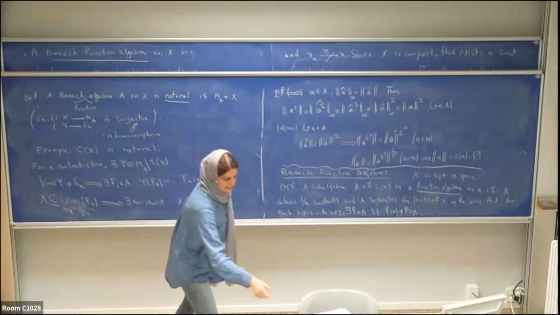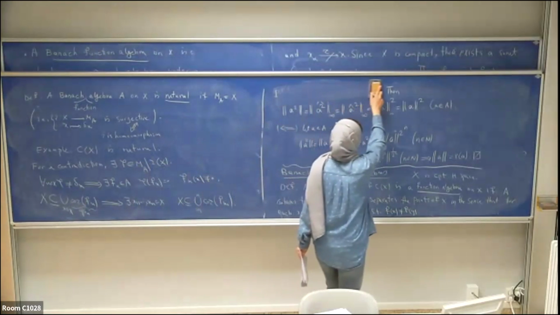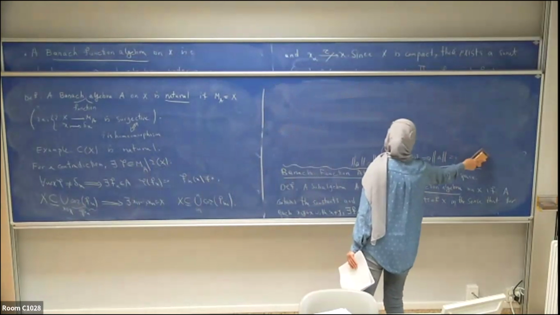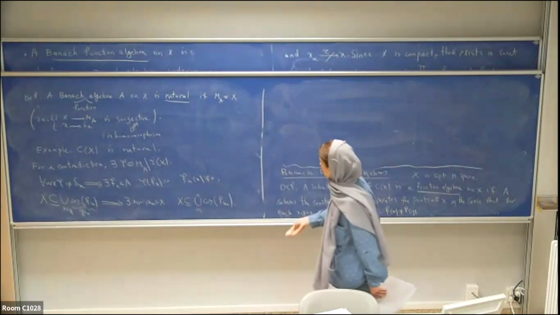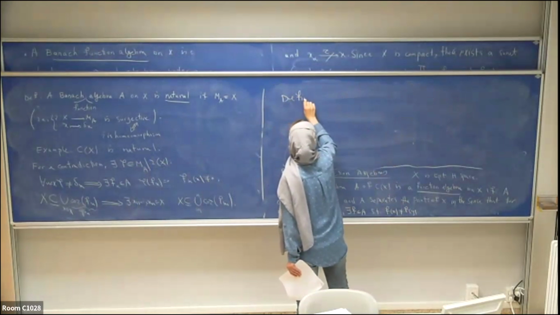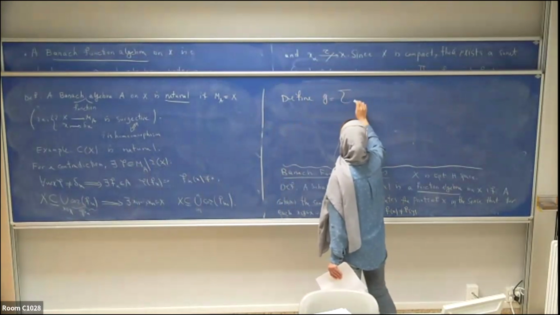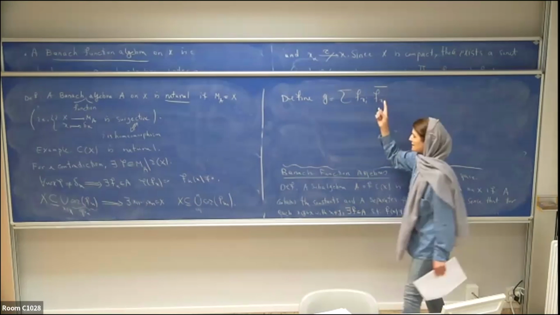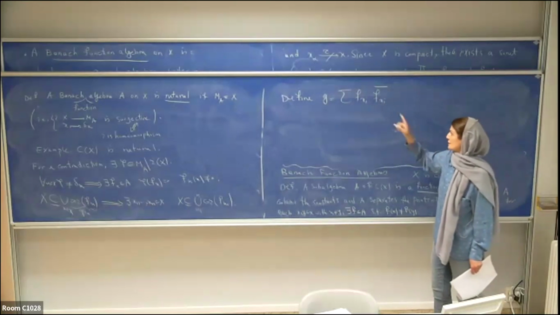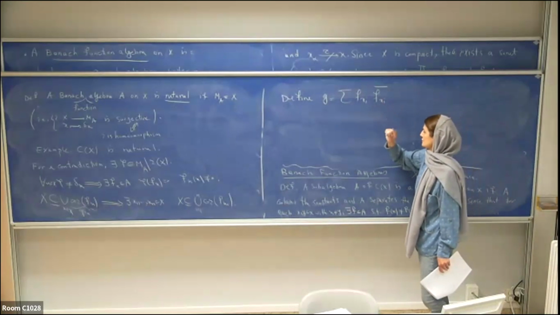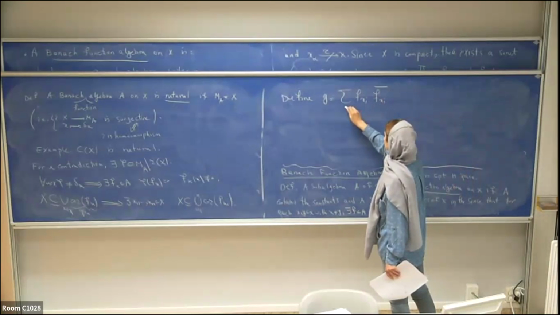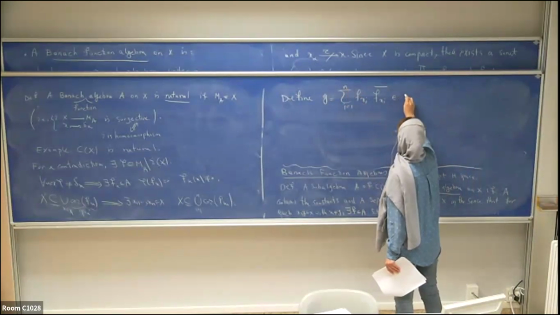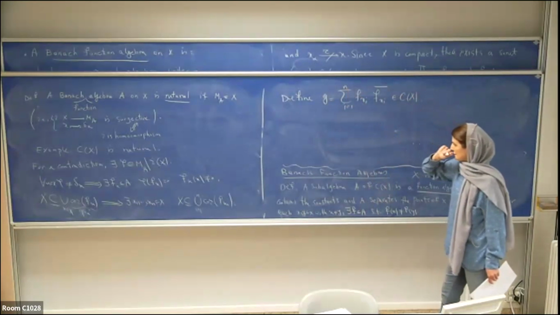And now we define a useful function as follows. We define g as the summation of f of xi times f of xi bar. This is complex conjugation in the complex field, which is in C of X, continuous because all of them are continuous.